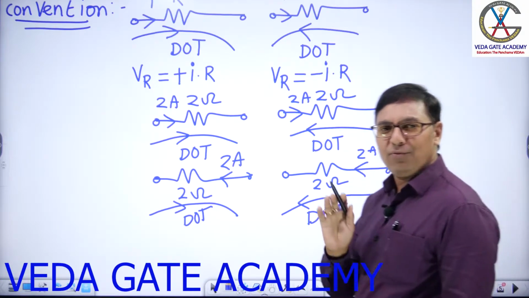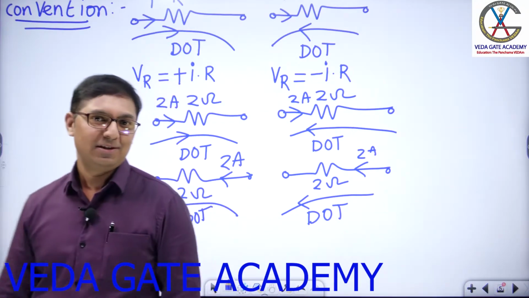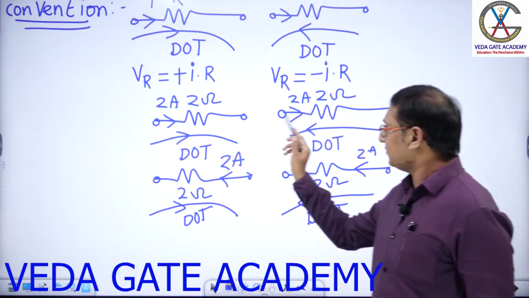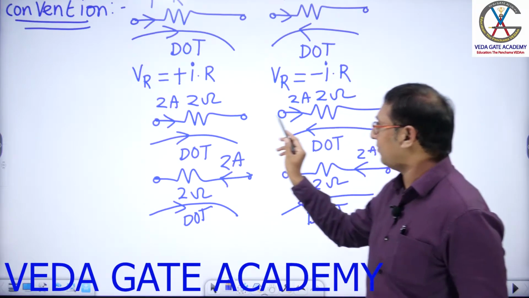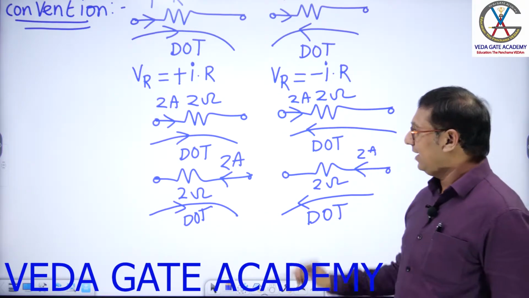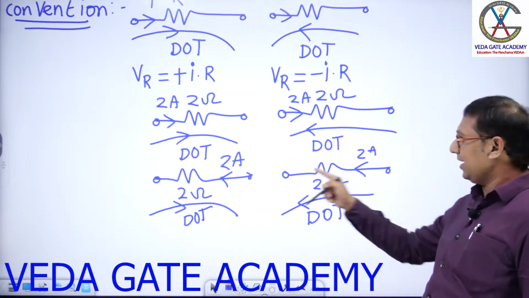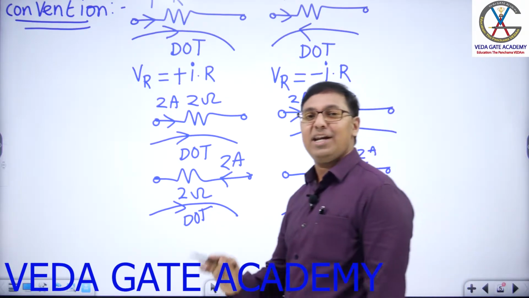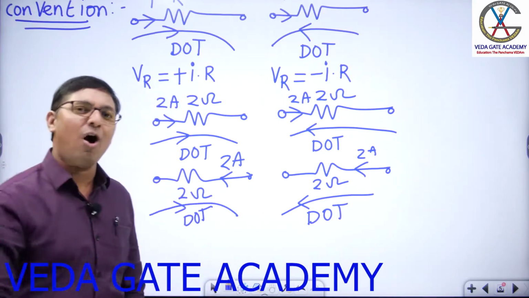Now we have all the 4 combinations. Here current flowing right to left. Here current flowing left to right. Here current flowing left to right. Here current flowing right to left. Here also current flowing right to left. Clockwise, anti-clockwise directions of travel. All the 4 combinations are completed.